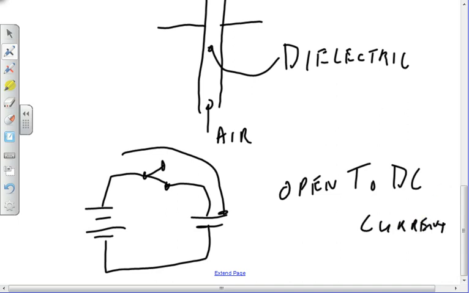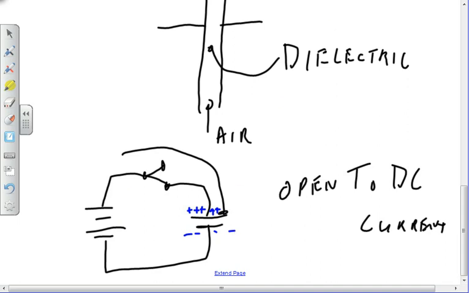So what happens is that I get a positive charge being stored on this side of the capacitor, causing a negative charge to appear on the other side, but the charge from the battery does not flow through the capacitor. That's an open.